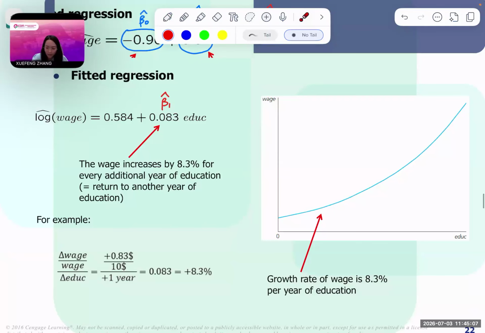For example, because this is our estimated result, right? Suppose we have $0.83 and then we divide it by $10. And if one more year of education increases, we have 0.083, which is the same here.